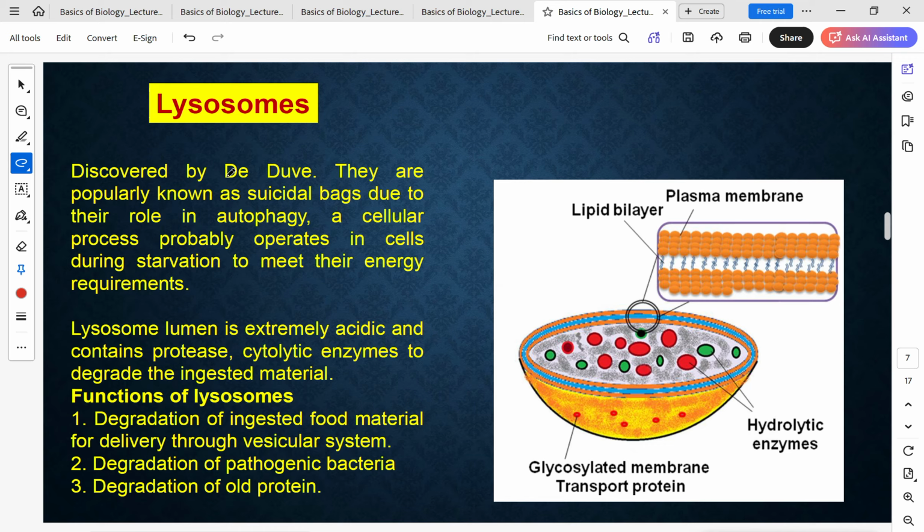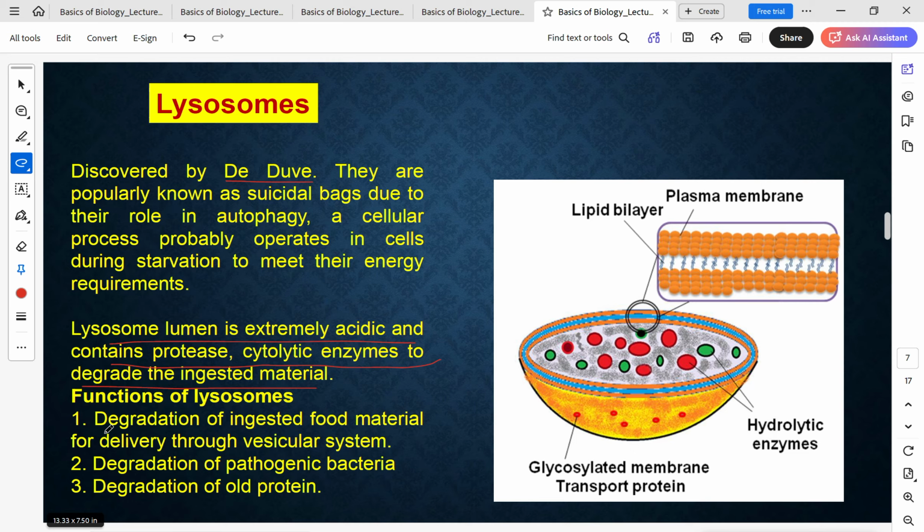Lysosomes were discovered by de Duve. These are essentially known as suicide bags of the cell because of their role in autophagy: if the lysosomes fuse with something, then they degrade it. The lysosomal lumen is extremely acidic and contains proteases and cytolytic enzymes that enable it to degrade the ingested material.